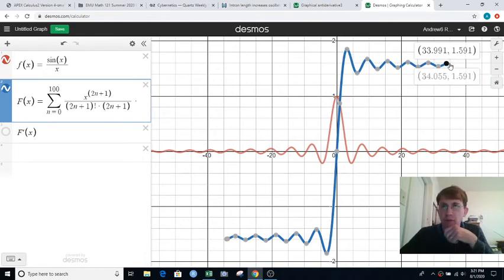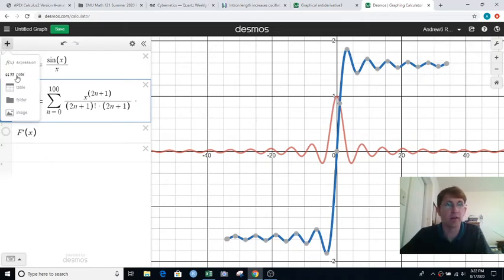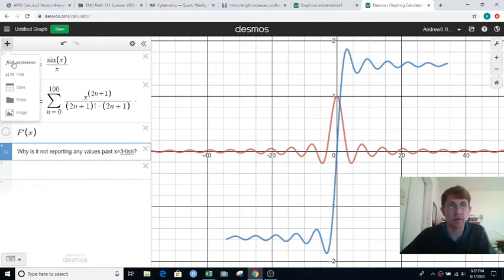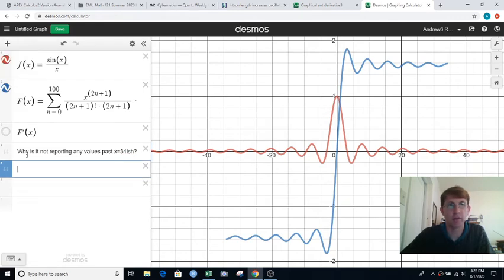So can we explain why that might be happening? So let's type a quick note there. Why is it not reporting any values past x equals 34-ish?